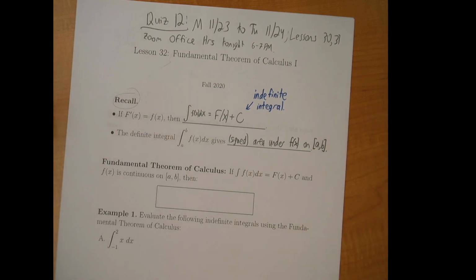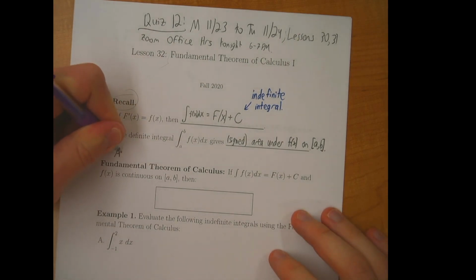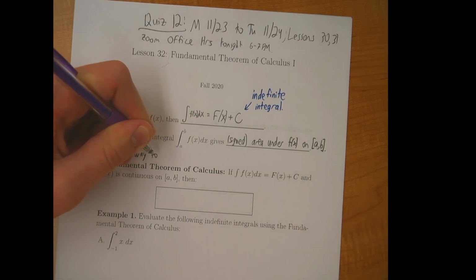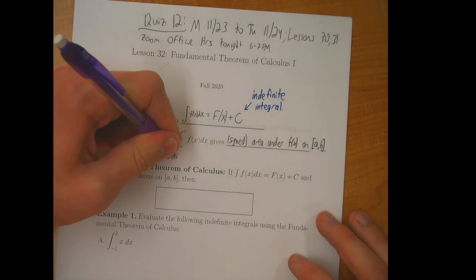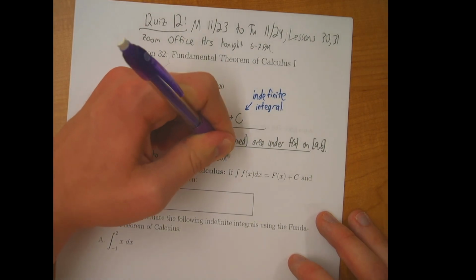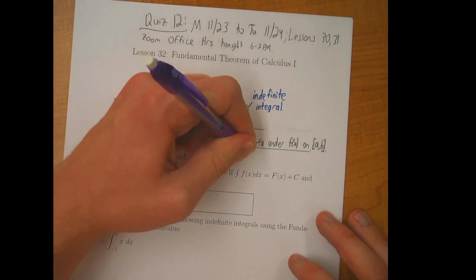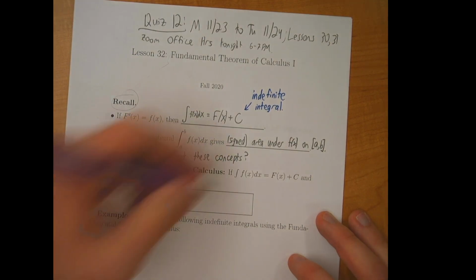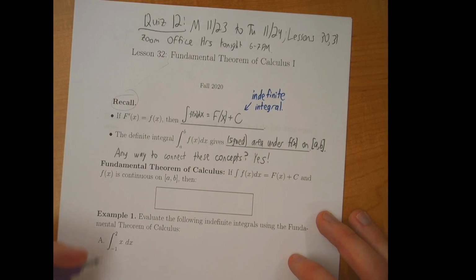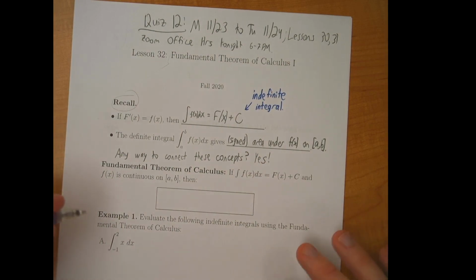So you might think, is there any way to connect these concepts together? Well, the good news is, yes there is. And that's where the fundamental theorem of calculus comes into play.